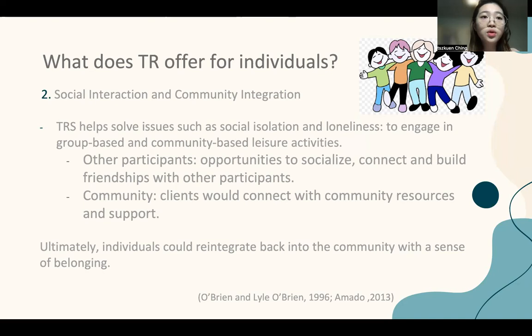Additionally, clients could also interact and engage with the community through leisure activity participation. Clients, through these community engagement opportunities, could connect with community resources and support. Ultimately, individuals could reintegrate back into the community with a sense of belonging through these opportunities.